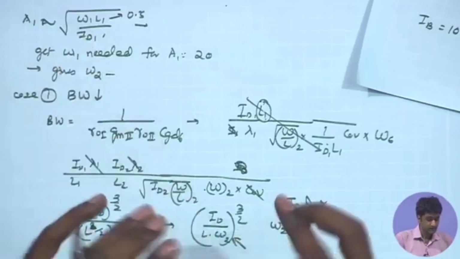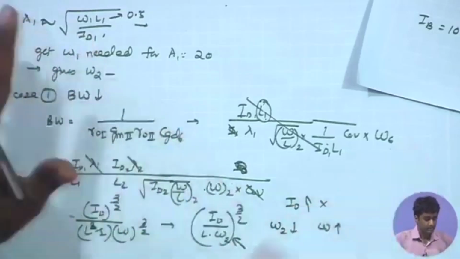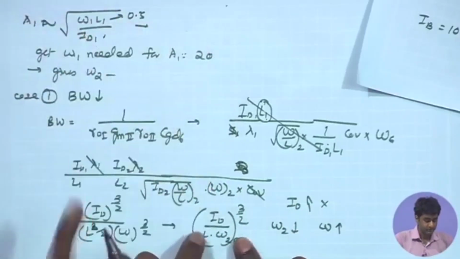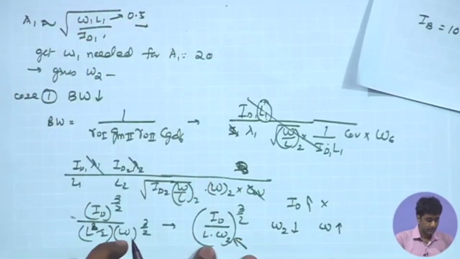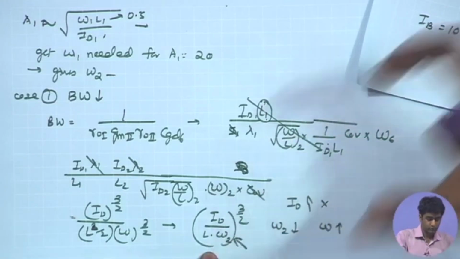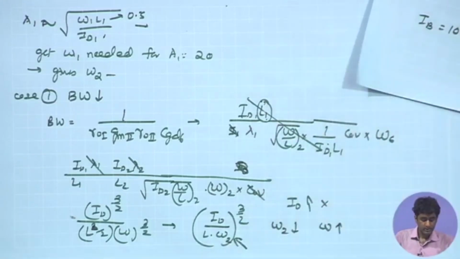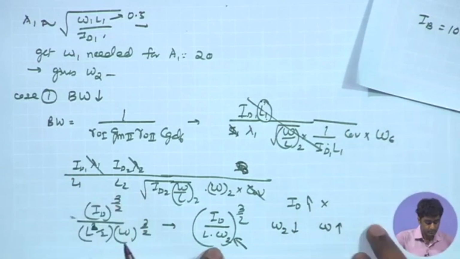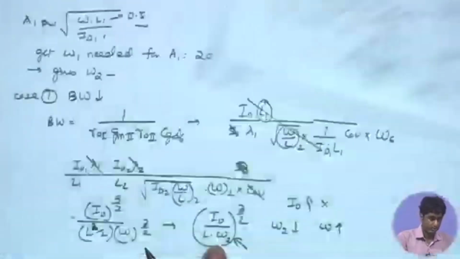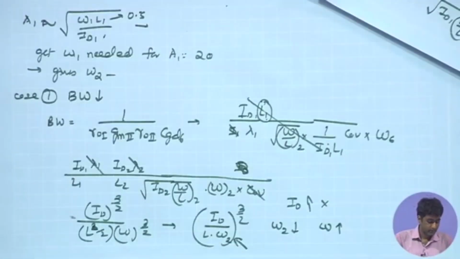Since the overall gain can be bifurcated in an uneven fashion, I can try to divert more gain toward the first stage and lesser toward the second stage, and try to push the pole towards higher frequency by choosing a W2 which is smaller, because a smaller W2 would imply a smaller CGD and hence lower Miller multiplication and higher bandwidth. So this is another concern that we can have.